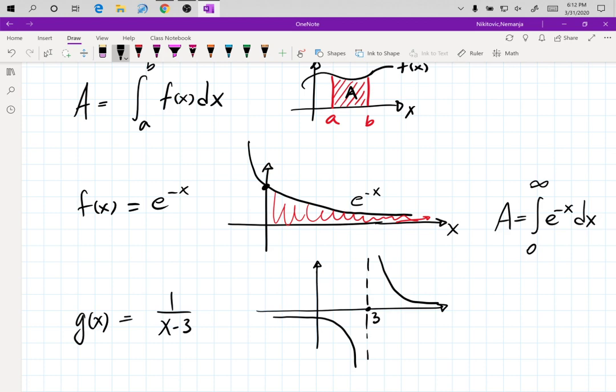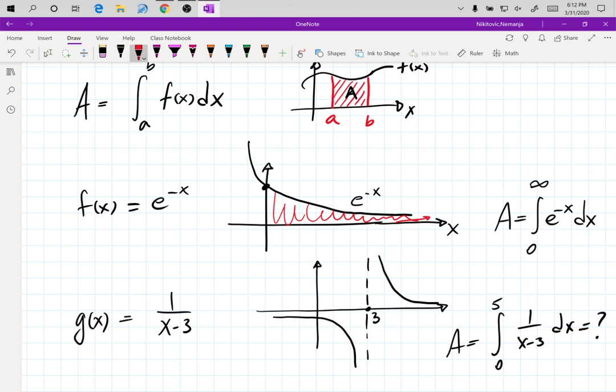And now, right, if you are to calculate the area from, let's say, 0 to 5, whatever, it doesn't have to be symmetric, of 1 over x minus 3 dx, right? The question is, what's going on?